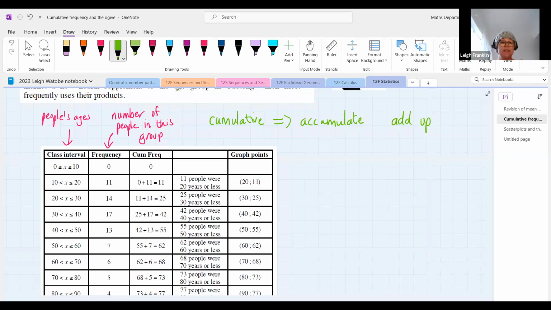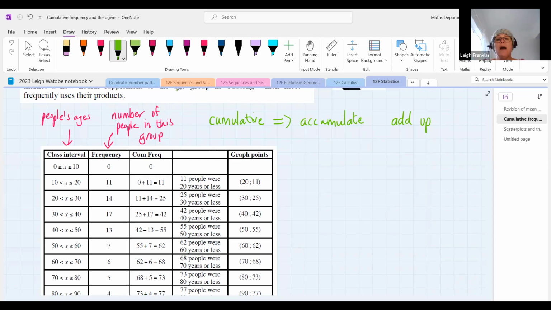You can see there our cumulative frequency was 0 in the first row, so 0 plus 11 gives us a cumulative frequency of 11 in the 10 to 20 age group. And then in the 20 to 30 age group, we would say 11 plus 14, which is 25. And so we keep adding the frequency of the next group to our cumulative frequency, and so it begins to add up.